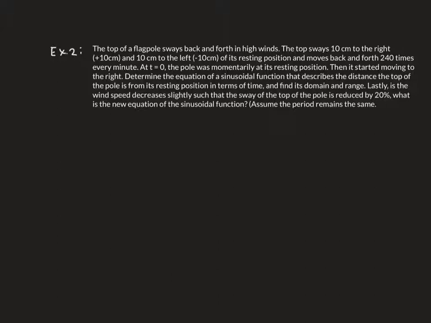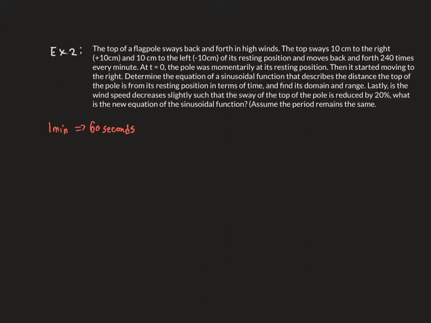So let's try to make it easier on ourselves first and foremost and turn the minute into seconds, because we know that 1 minute gives me 60 seconds. So let's go into here.